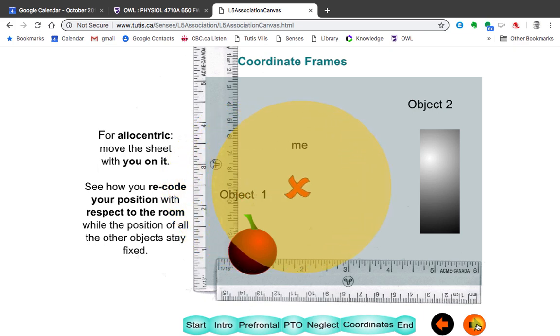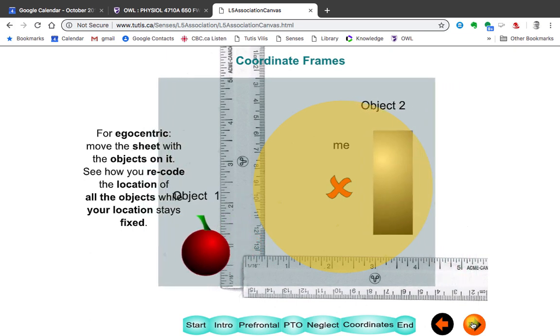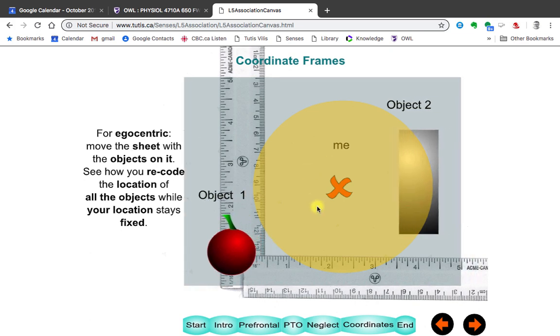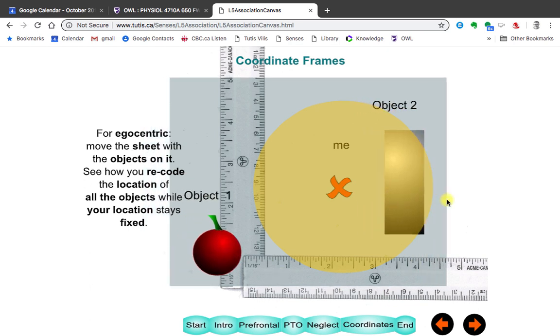Here you can see you moving in an allocentric frame. Okay, so it's the distance of you to these various objects that's being measured, and when you move, these objects stay still within this frame, but your position changes. In contrast, when you're thinking of things in the egocentric way, it's you that stays constant, and these objects move, so their location shifts.